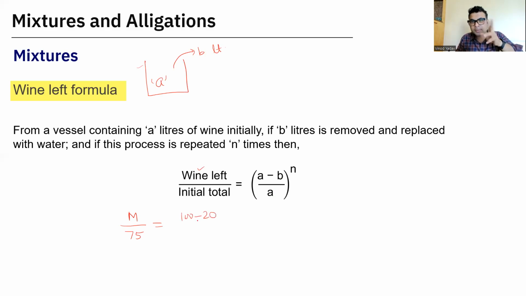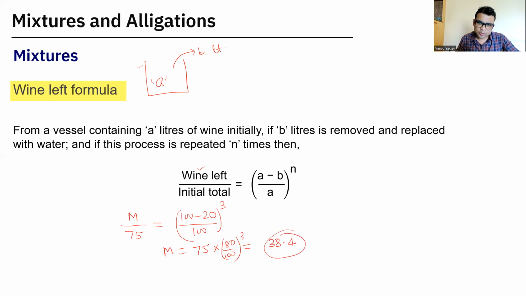B was 20, we are removing 20 every time and replacing, and we did that 3 times. So milk is equal to 75 into (80 by 100) cubed. Same thing. At the end you'll get 38.4, and this was percent, so this will also be percent.